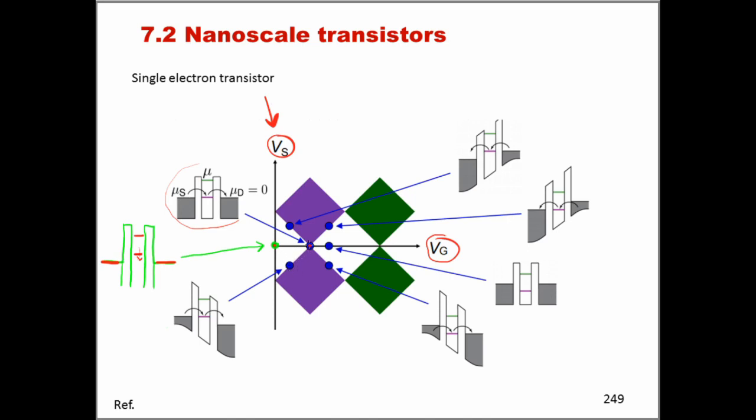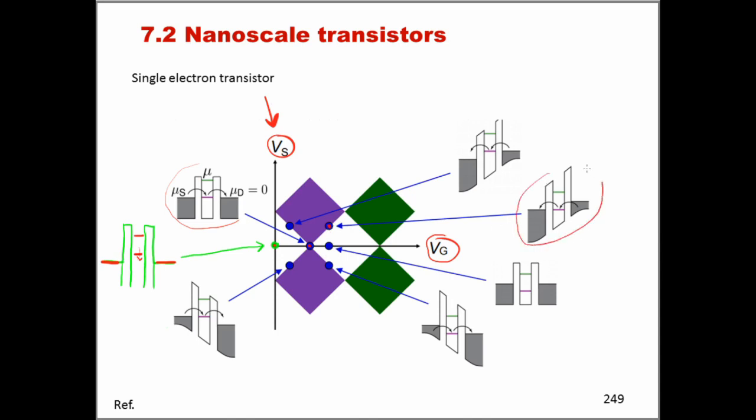So if we now imagine to move along this line, for example, what we are effectively doing is increasing slightly VG, but we are also increasing slightly VS. So when we reach this point here, the band diagram should look like this one here.